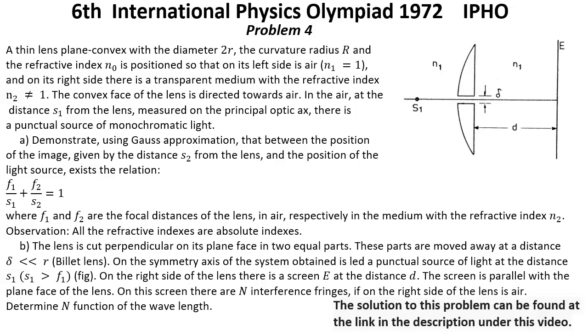On the right side of the lens there is a screen E at the distance d. The screen is parallel with the plane face of the lens. On this screen there are n interference fringes if on the right side of the lens is air. Determine n as a function of the wavelength.